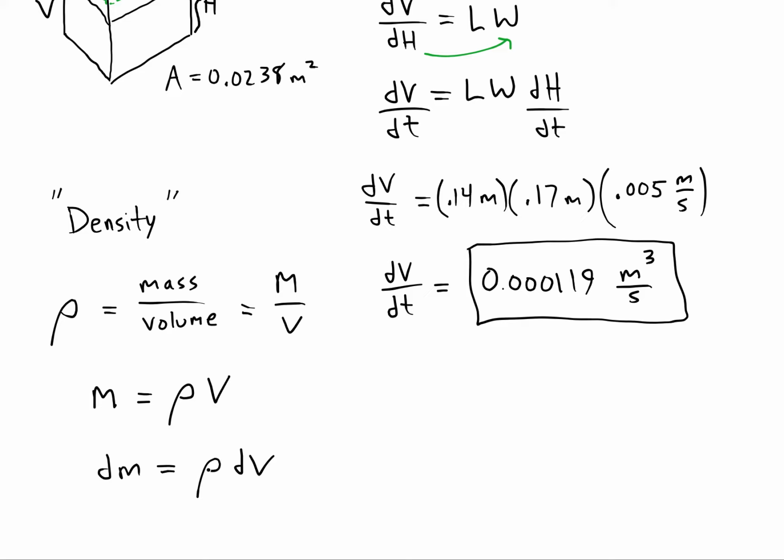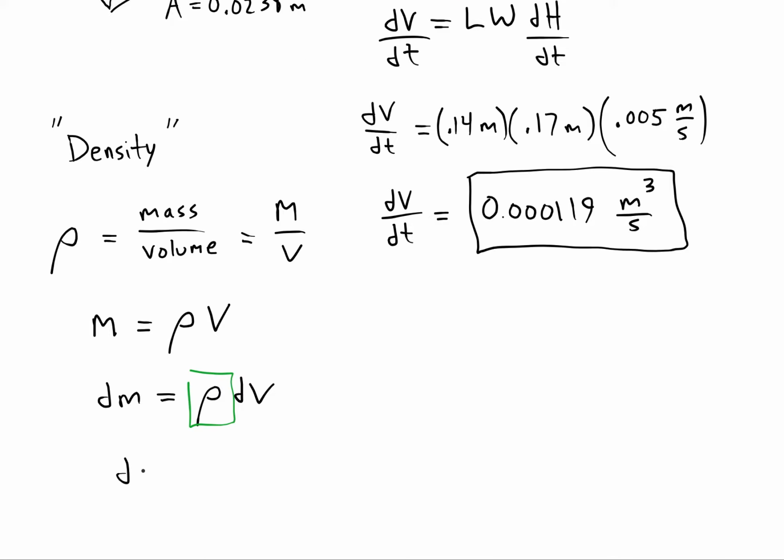The density is just like a property of the candies. That's not going to change. It's going to be constant for this problem. But now let's divide both sides by dt to get the relationship between these two rates.